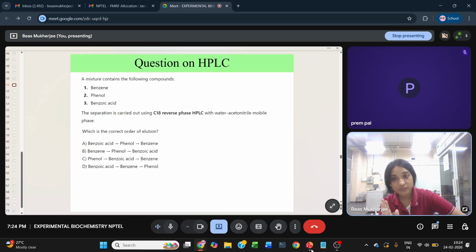So, in reverse phase, what is happening? The most polar one is going to elute first, and the most non-polar one is going to elute last. So based on your understanding from there, which one would be the right answer? Which is more polar and which is least polar amongst benzene, phenol and benzoic acid?